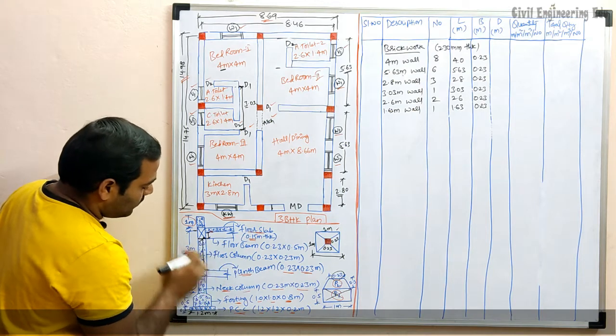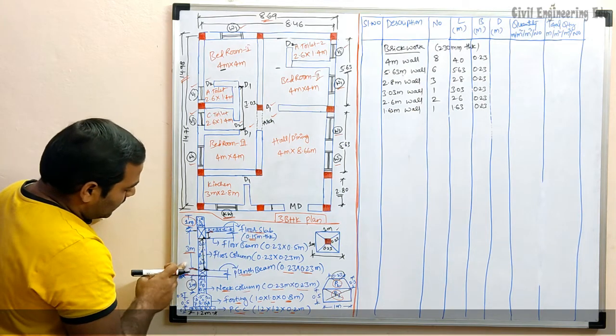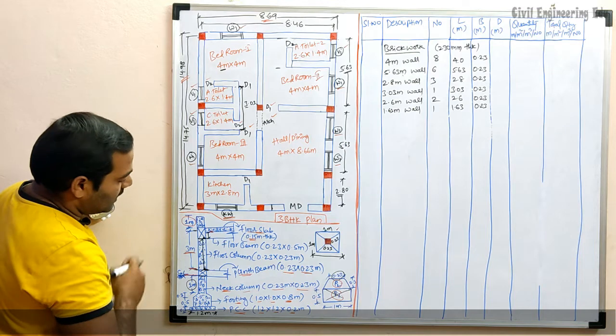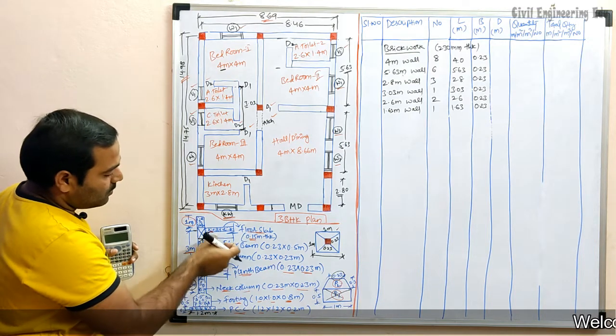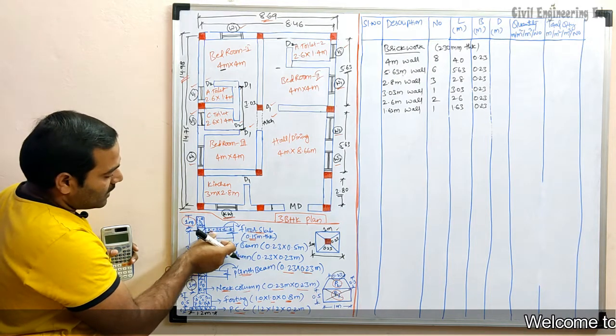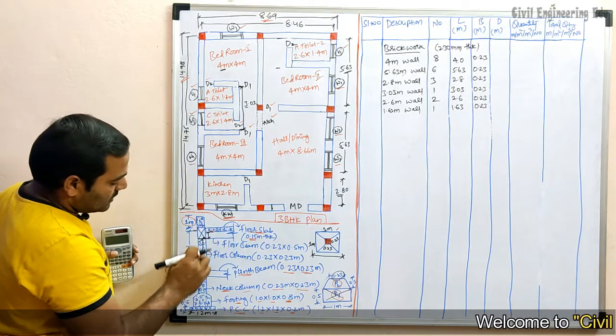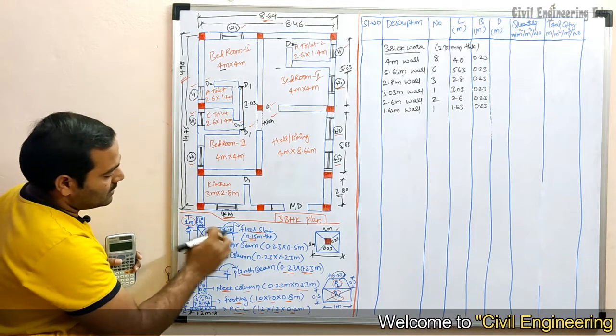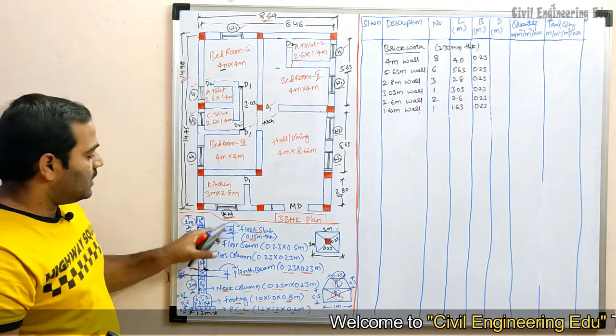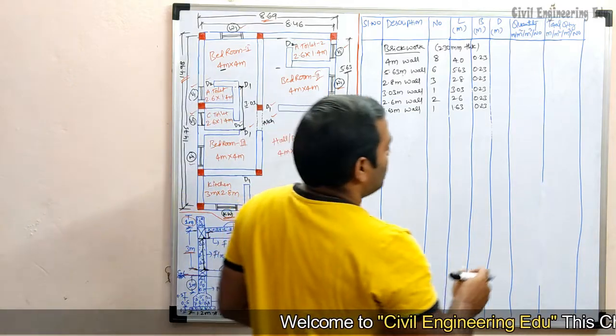So this height we have to calculate. The height is already given, that is nothing but the ceiling height. Ceiling height is nothing but the top of the plinth beam to the bottom level of the slab. That means from the ceiling height we have to deduct the beam depth, whichever is there, after deducting the floor slab thickness.